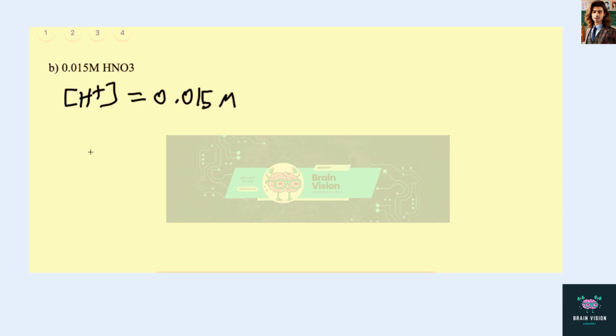The pH equals the negative log of hydrogen ion concentration, which equals 1.82.